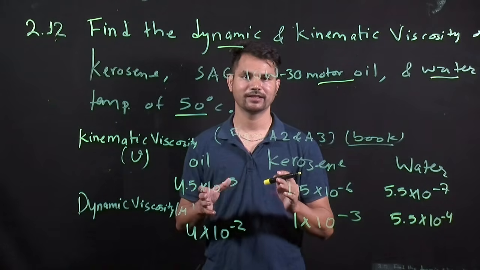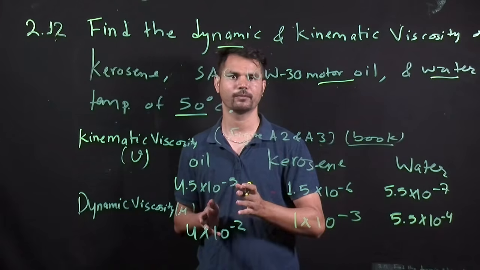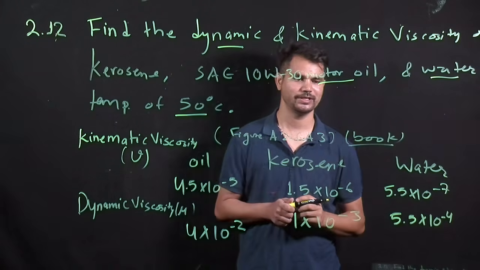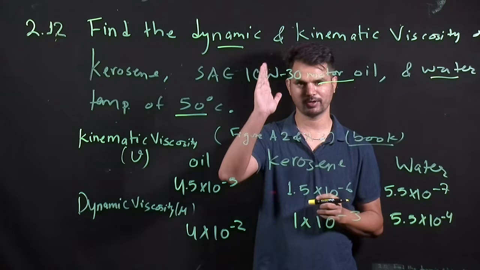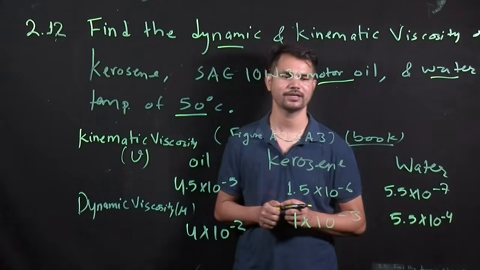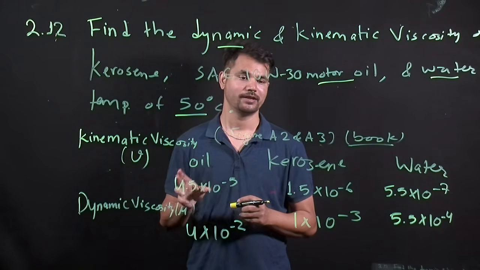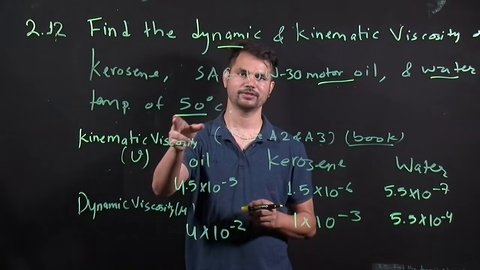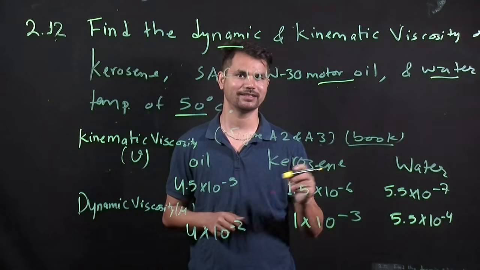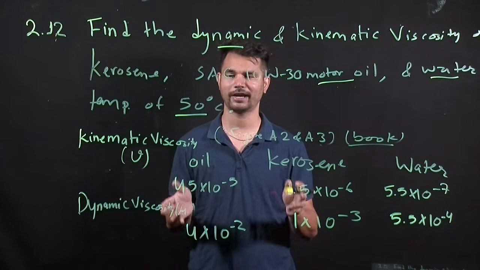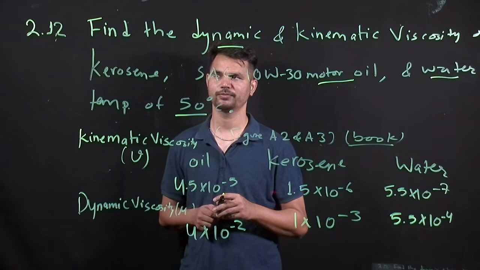These are directly from the figure. When we go vertical from 50 degrees Celsius and it intersects the properties for kerosene, motor oil and water, we get the values of kinematic and dynamic viscosity. So this was for question number 2.12.